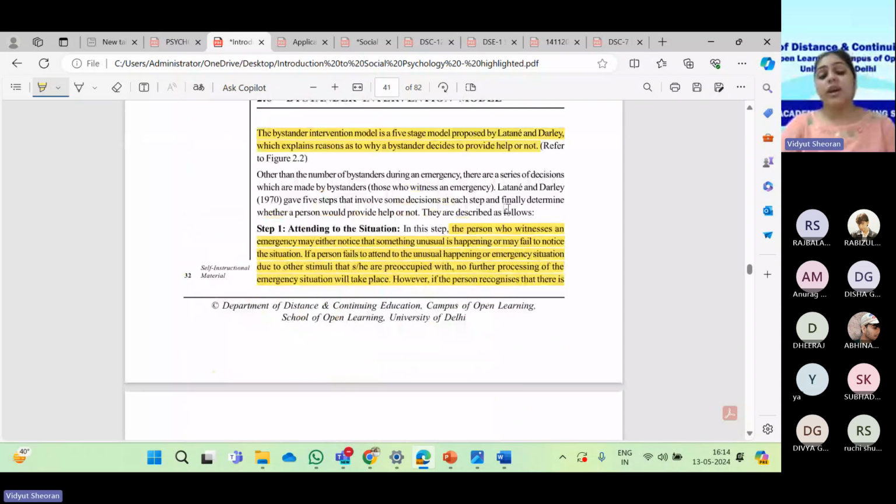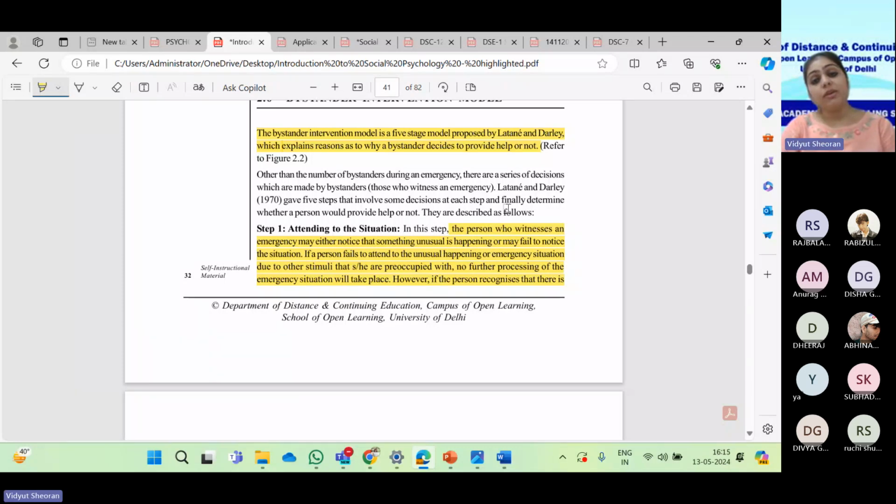In stage 1, which is attending to a situation, a person who witnesses an emergency may either notice that something unusual is happening or may fail to notice the situation.